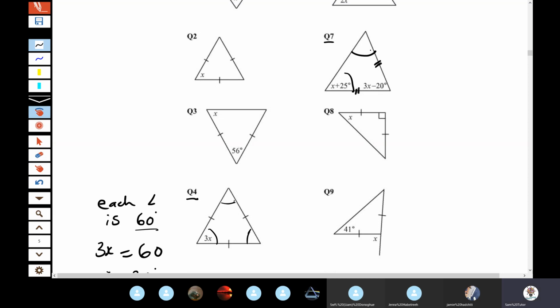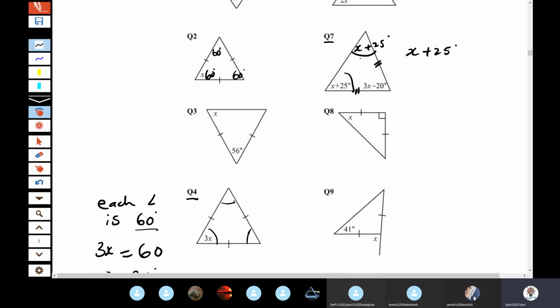You know, those two are the same. Let's write it down. There it is. So what are you going to do with 5x + 25 + 3x - 20 = 180? What would you guys have done here? You would have said, oh, 60 plus 60 plus 60 equals 180.